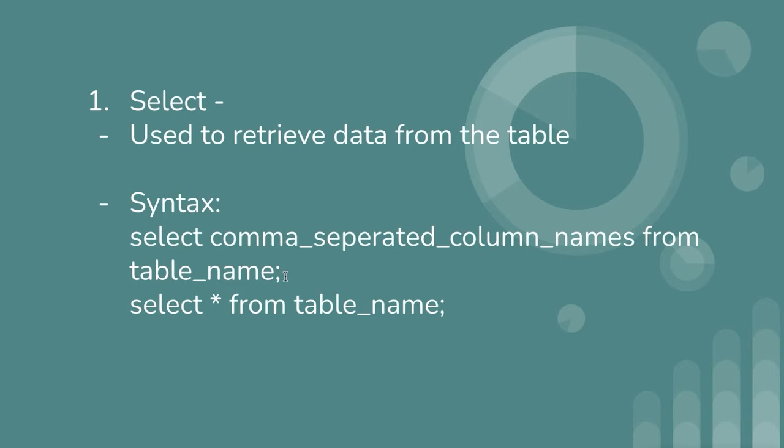So if we have a student table with ID, name and address, and we are only interested in ID and name, our command will be select ID, name from students. Then we'll only get the data of those columns.